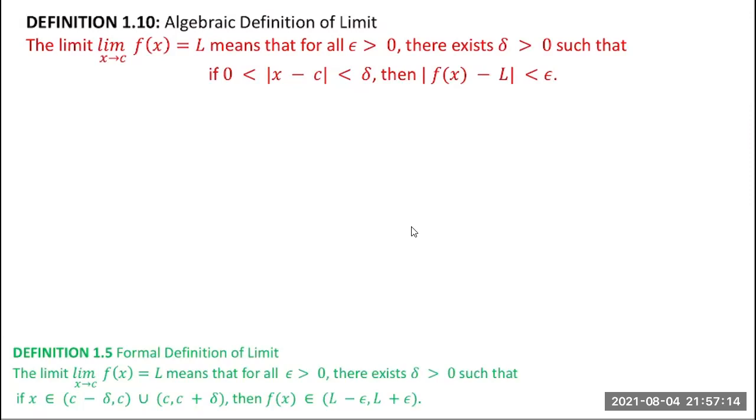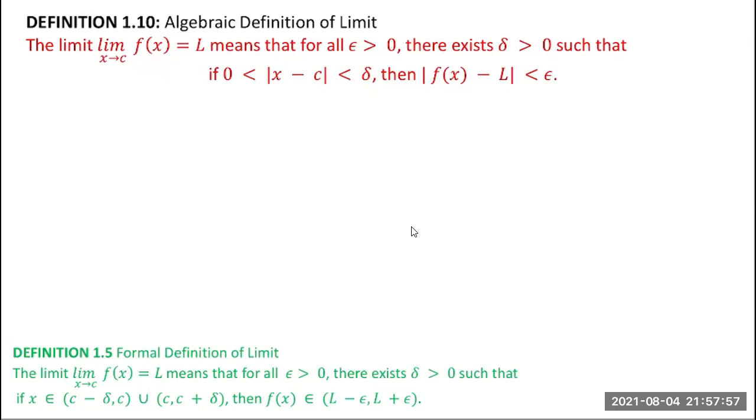The limit as x approaches c of f of x is equal to L means that for all epsilon greater than 0, there exists delta greater than 0, such that if the absolute value of x minus c, that means the distance between x and c, is greater than 0 and less than delta, then the absolute value of f of x minus L should be less than epsilon. If this is the case, this limit statement is true, okay?